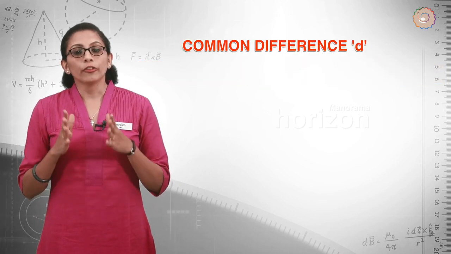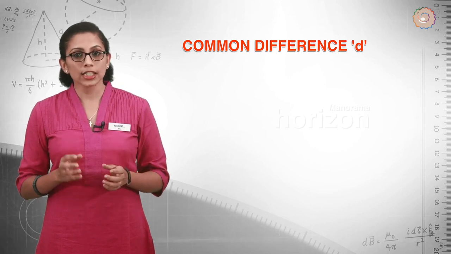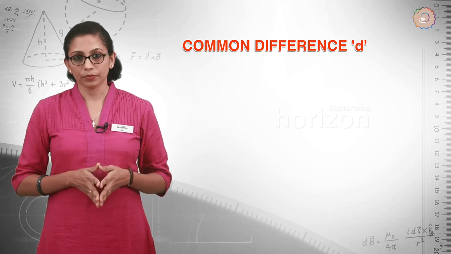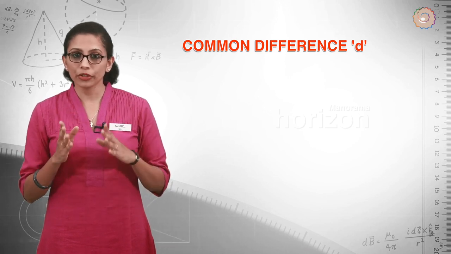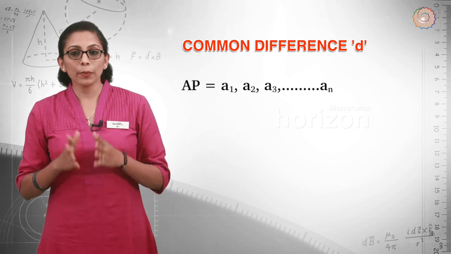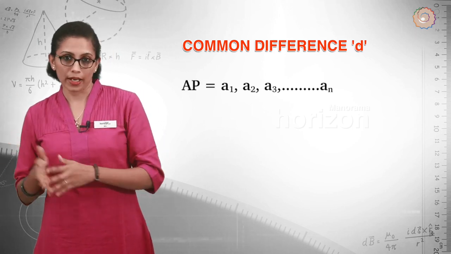Let us denote the first term of an AP by A1, second term by A2 and the nth term by An. Then the common difference is denoted by small letter d. Then the AP becomes A1, A2, A3 up to An.